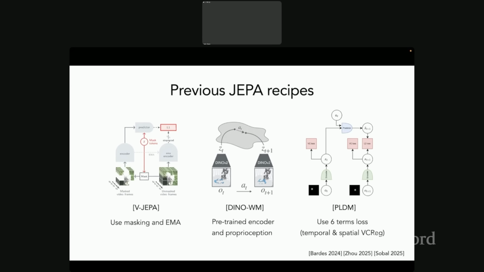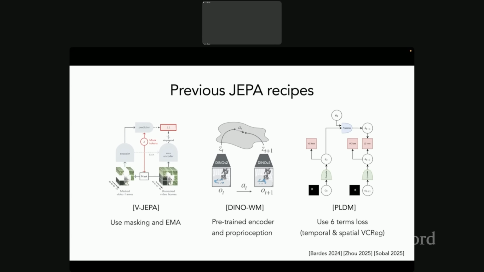The problem with PLDM is, as you can see on the slide, you need to apply one term for the variance and one term for the covariance minimization. You need to do that spatially and temporally, so you have 4 terms. They add an additional inverse dynamics loss to try to gain more information about the action.